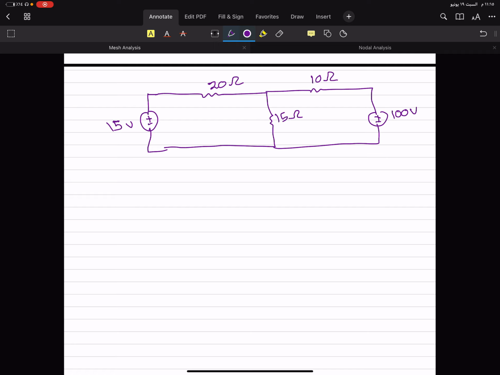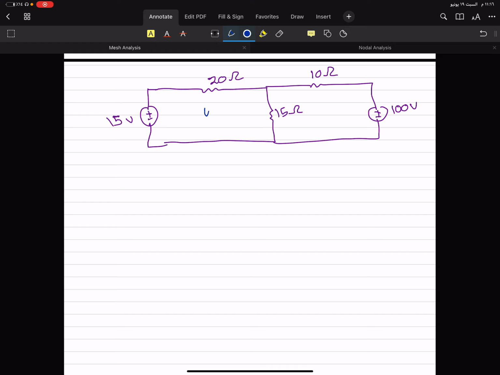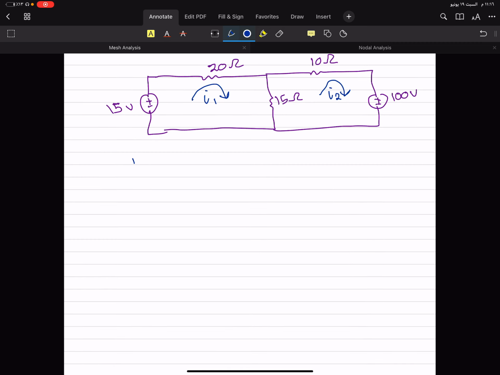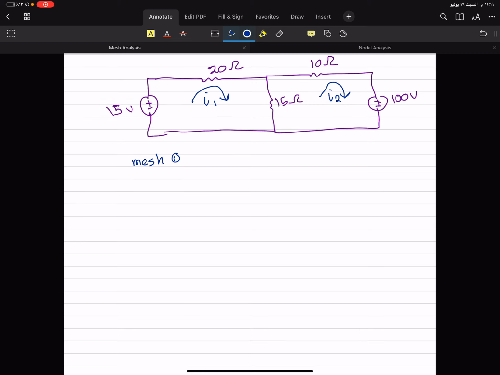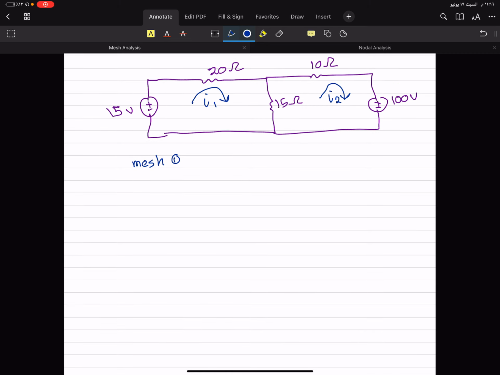So the shortcut method is simply like this. I will solve it like I'm solving something in an exam, and you will see how fast I solve it, okay? Let's say this one is I1, and this one is I2. Shortcut method, when I go for mesh 1, I will sum the resistances in mesh 1. The sum of resistances in mesh 1 is equal to 35, this one and this one, right?